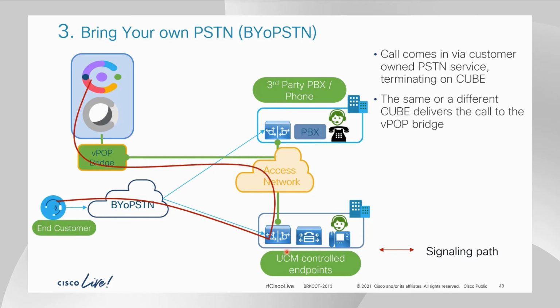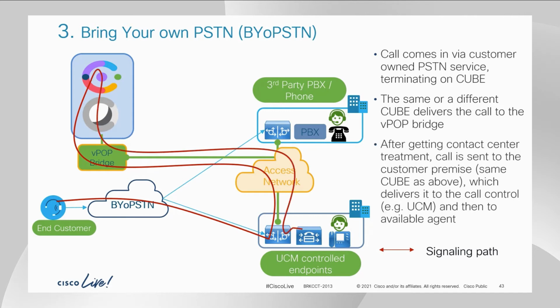It connects that call to the VPOP bridge, and the VPOP bridge sends it to the contact center application cloud, where it gets the complete IVR and queuing treatment. Once an agent becomes available, we send the call back to the same CUBE to get to the premises, and then CUBE sends it to Unified CM, which sends the call to the agent. This is option number 3.